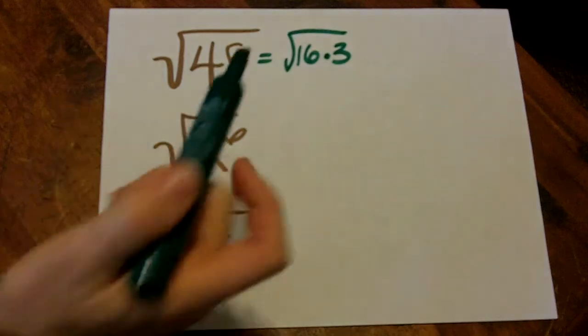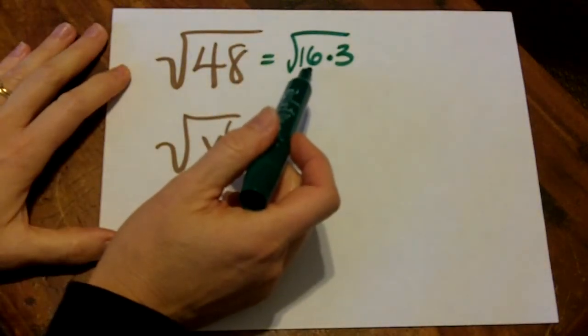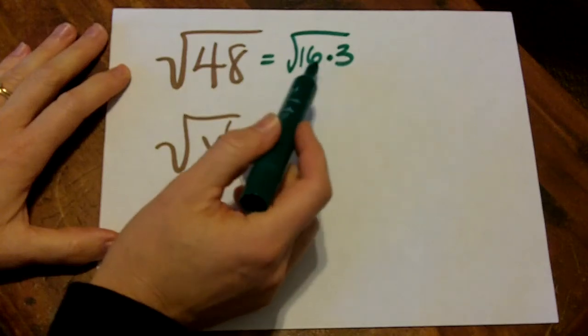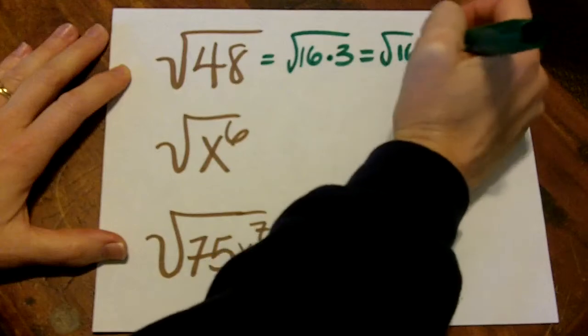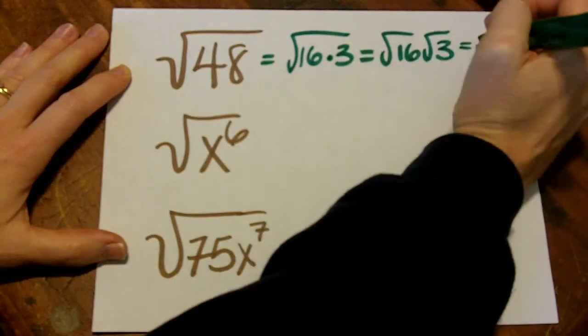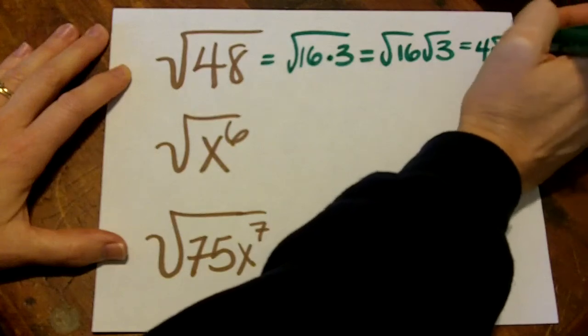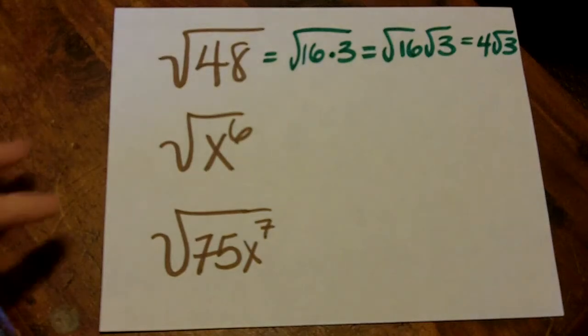Some of them you'll look at and it will be easy to do. This wasn't that terrible. If I got 16 times 3, then I can rewrite it as the square root of 16 times the square root of 3, which is going to equal 4, because that's the square root of 16, times the square root of 3, and that would be my final answer.